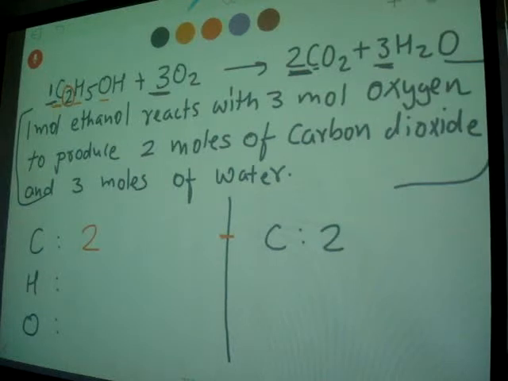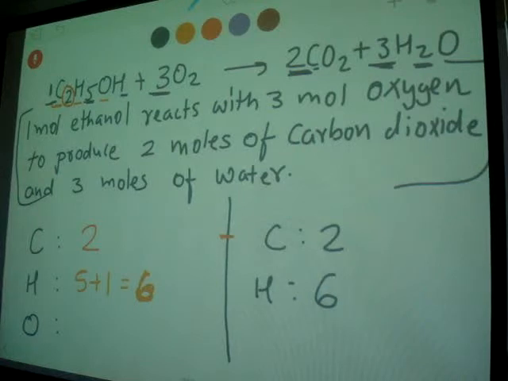Okay. And for the hydrogen, on the left side, we have 5 here and 1 here, so we have 5 plus 1, which gives you 6, right? Now on the right side, we have how many? 3 times 2, which is 6. Okay.